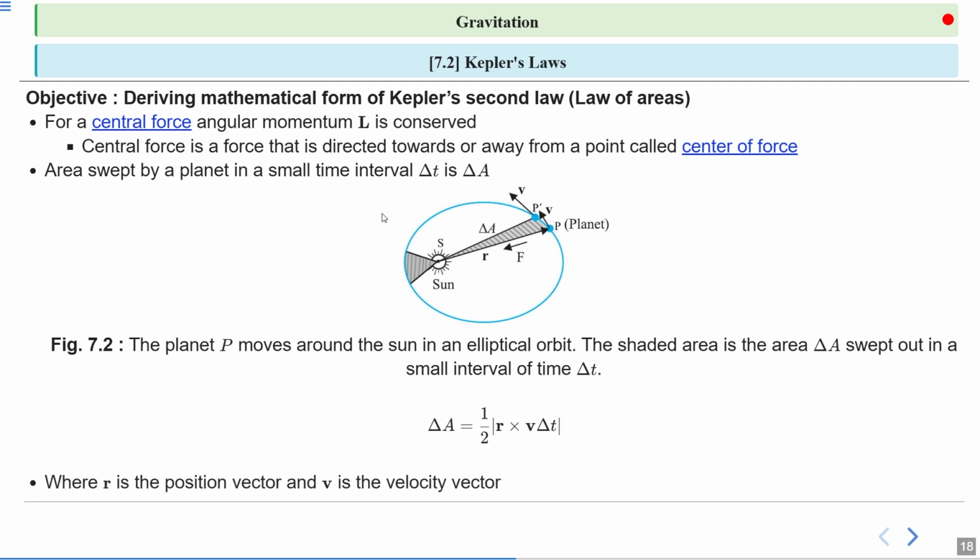The mathematical expression for the area swept out is given by delta A is equal to 1 by 2 into the magnitude of r cross v into delta t. Here r is the position vector of the planet and v is its velocity vector. The formula for delta A is very important for the exam.